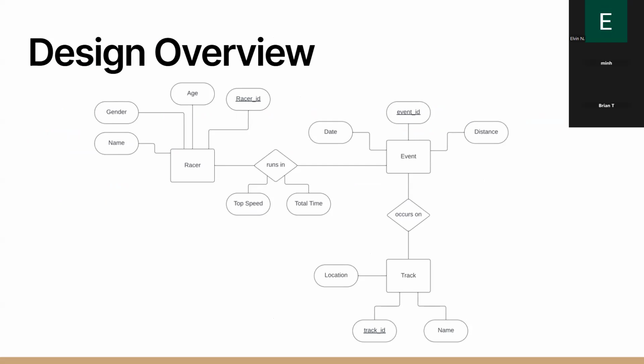So for our ER diagram and what we built our tables based off of, was based off of this diagram right here. As you can see, we have three entities, that being racer, event, and track. Each entity has its own attributes, and as you can see, we also have relationships between these entities, such as runs in and occurs on.